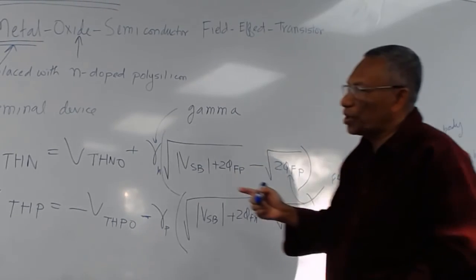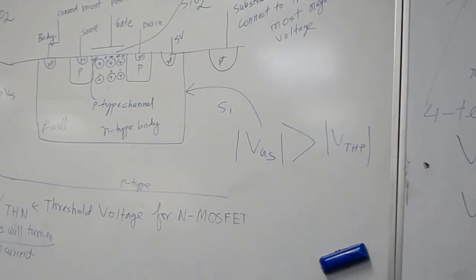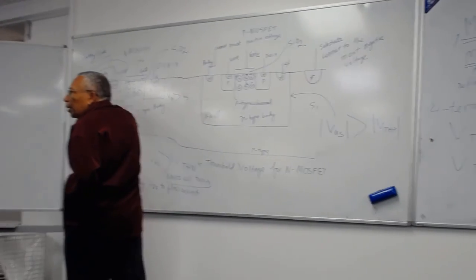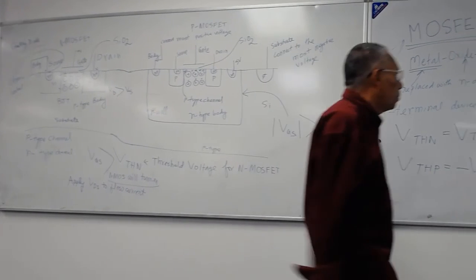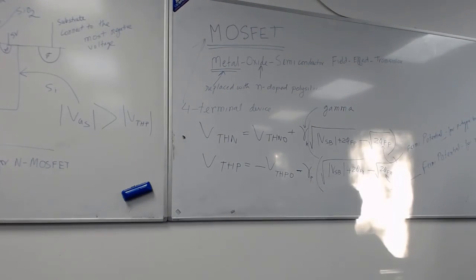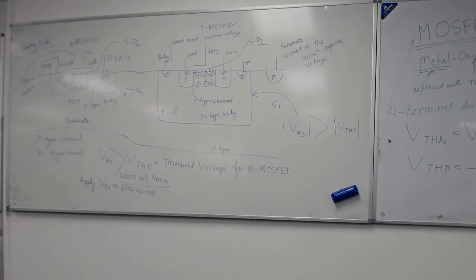For the NMOS you have a P-type body, so that's why you have a P here. So this is gamma N, this is gamma P.